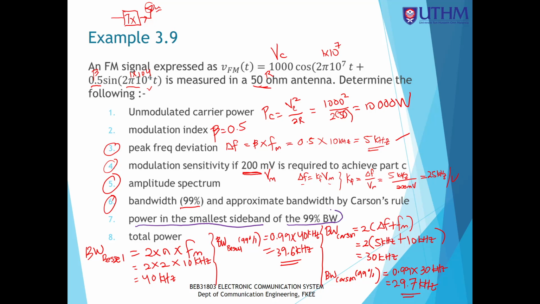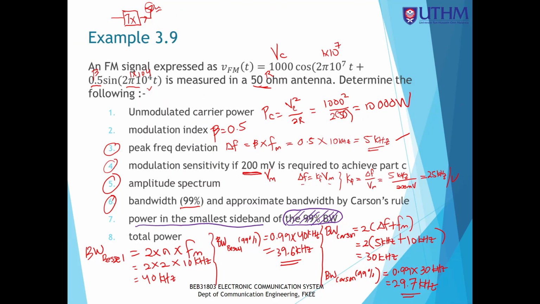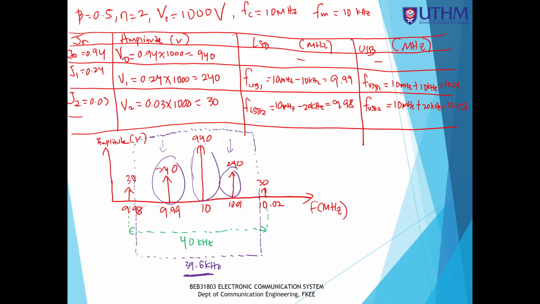This 99% changes the way we measure the power. If there was no 99%, then the smallest would be the second sideband. If we consider the whole bandwidth of 40 kilohertz, the smallest sideband would be the second.